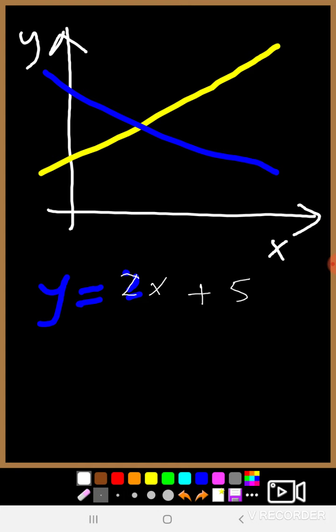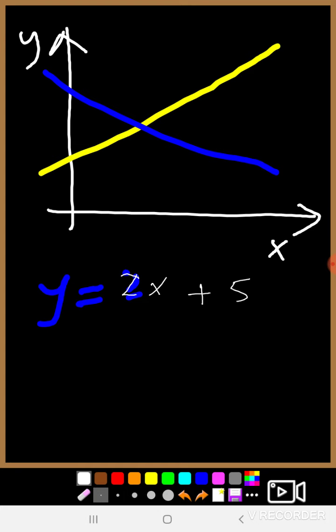And therefore, we can see that as x is becoming bigger and bigger, y also will become bigger and bigger. That's why we say this line or this function actually is increasing. A function is any representation of the y with an expression containing x. That's an expression and that's a function.